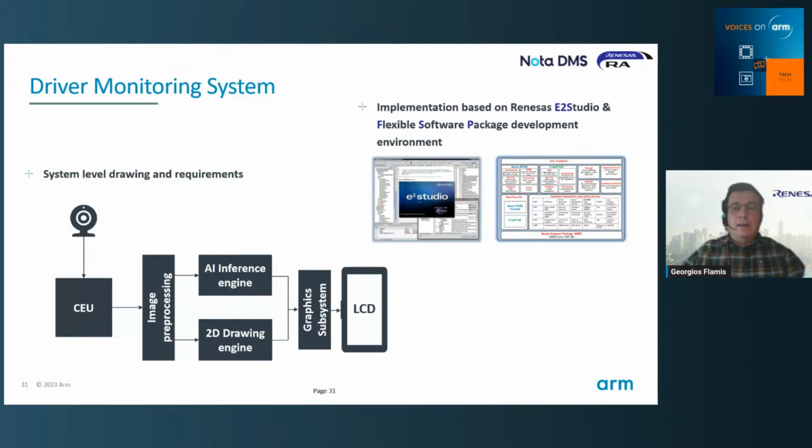It's quite important to mention that there is direct communication between the AI inference engine and the 2D drawing engine, because for the driver monitoring system we are using three different models cascaded together with different input requirements, and all these inputs are addressed by the drawing engine to help the system work efficiently on this demanding task.